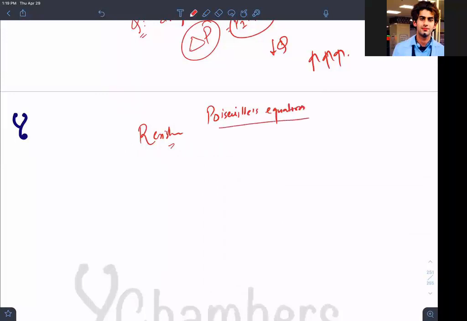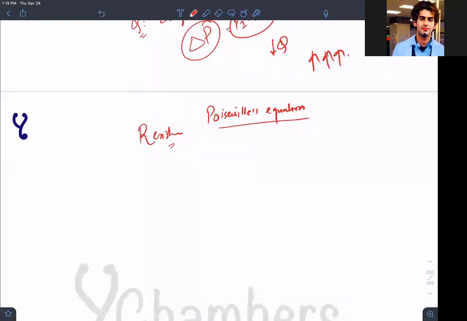Basically, what is the Poiseuille equation? If they ask you why we are using this: the Poiseuille equation tells you which factors, which components, which parts of your hemodynamic system can affect the resistance.